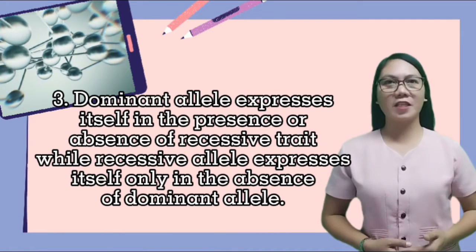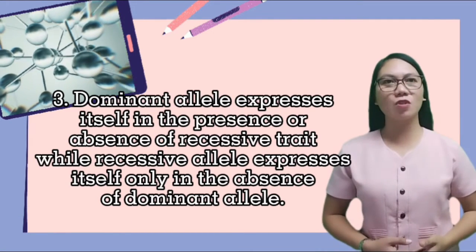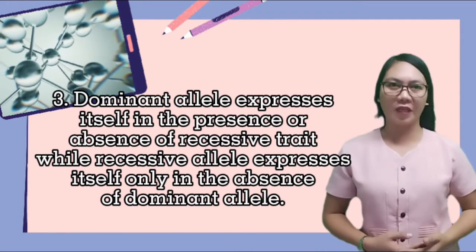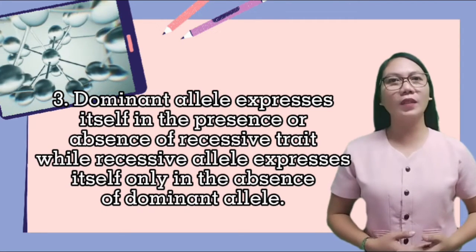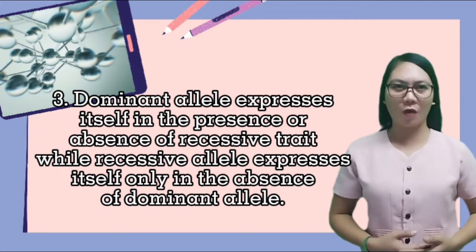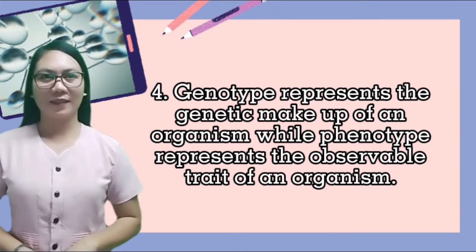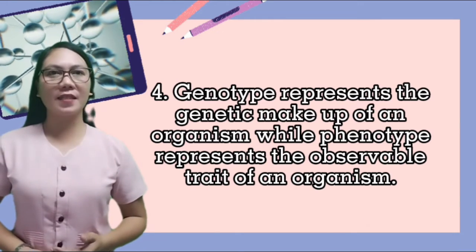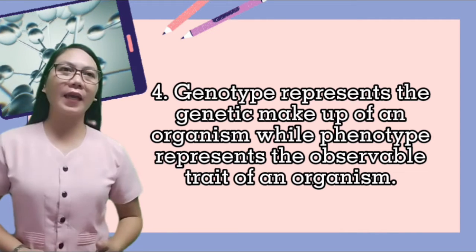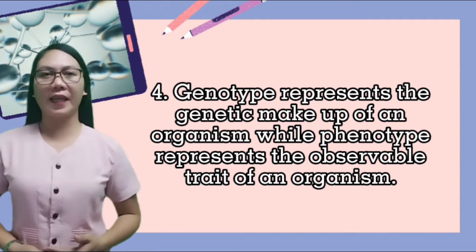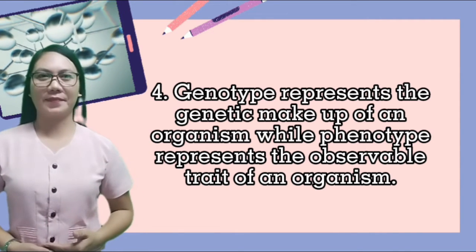Dominant allele expresses itself in the presence or absence of the recessive trait, while recessive allele expresses itself only in the absence of the dominant allele. Genotype represents the genetic makeup of an organism, while phenotype represents the observable trait of an organism.